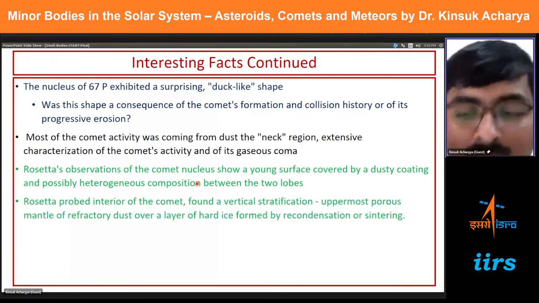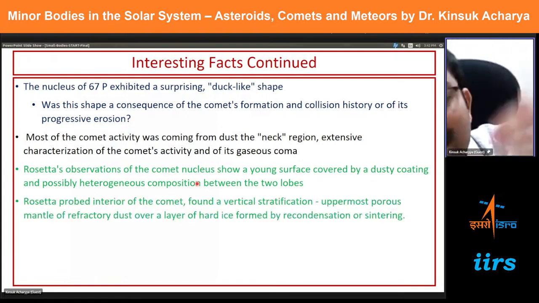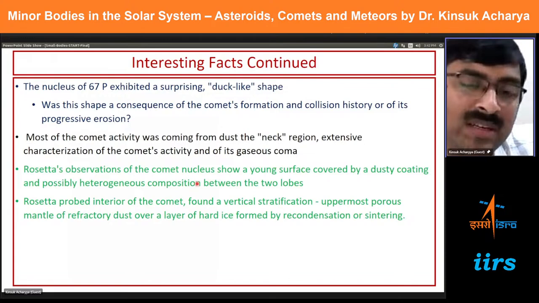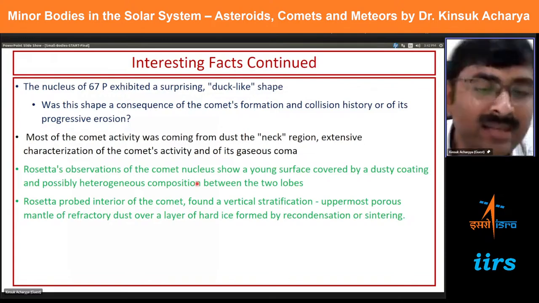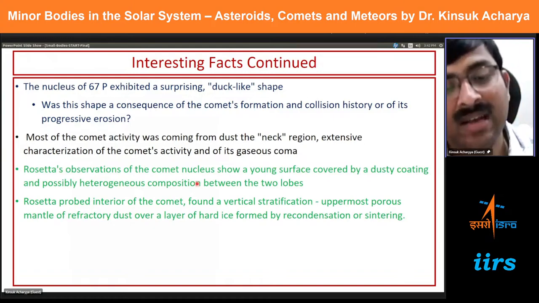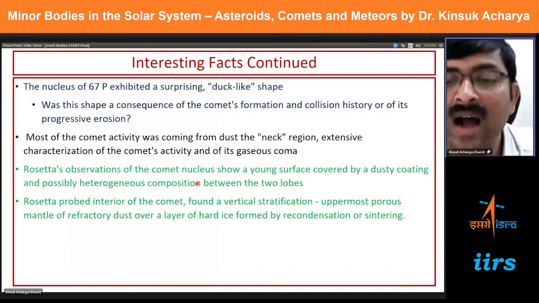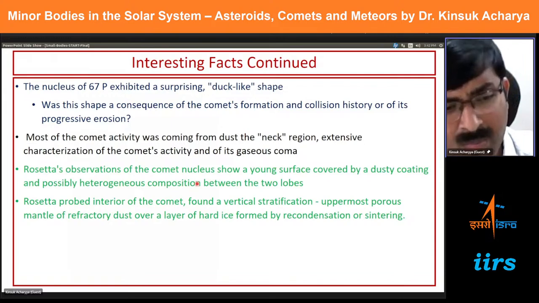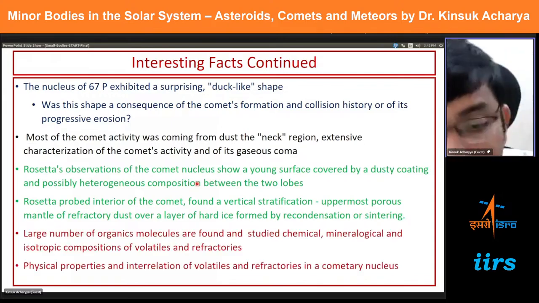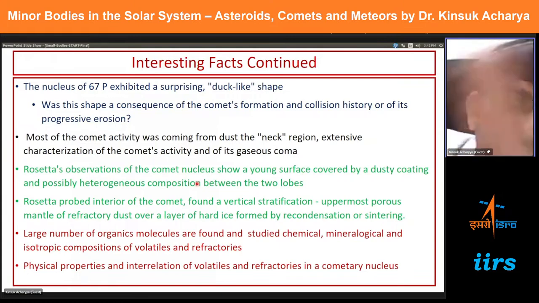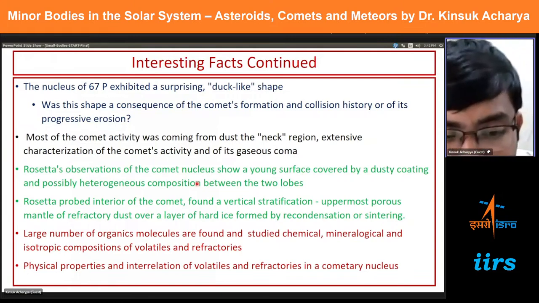Not only that, Rosetta also studied its vertical stratification. It found that the upper layer is porous refractory dust, but underneath, there's hard ice. And in this comet, a very large number of organics are found. You can remember the table that I have shown earlier.